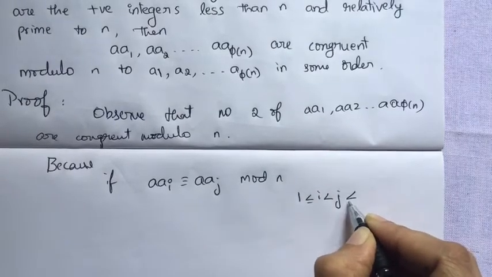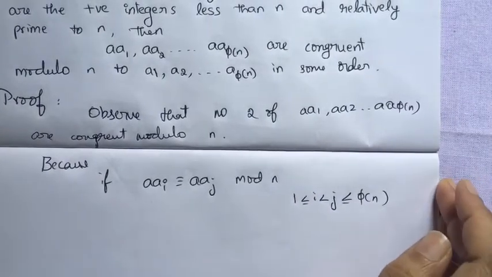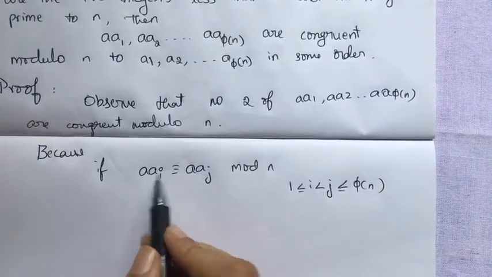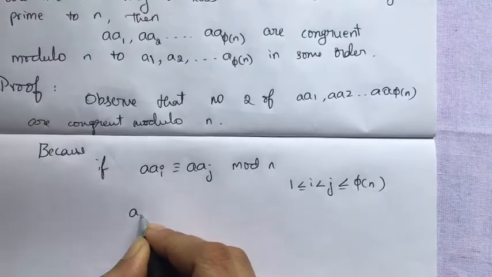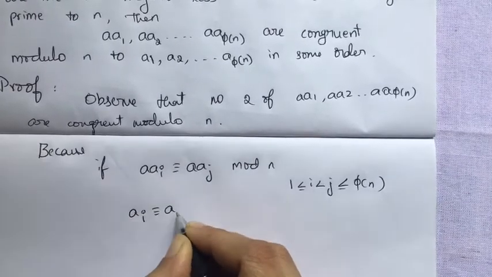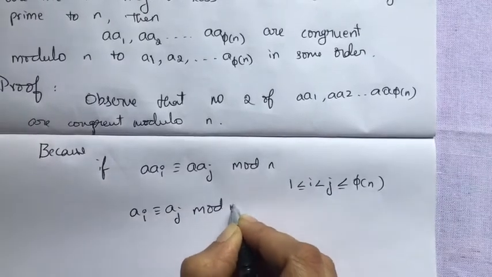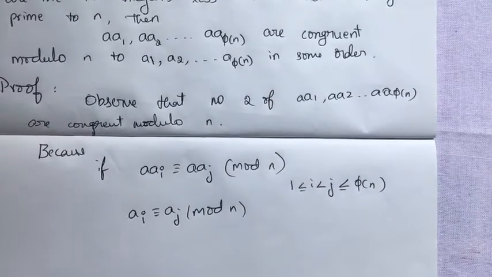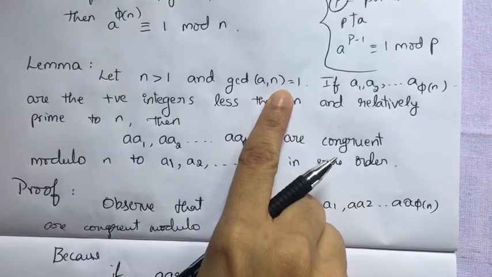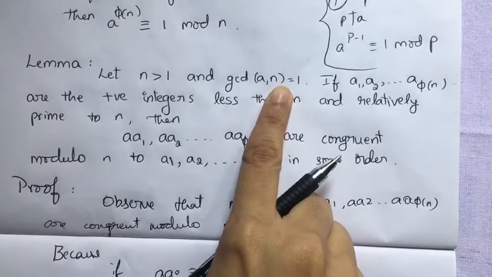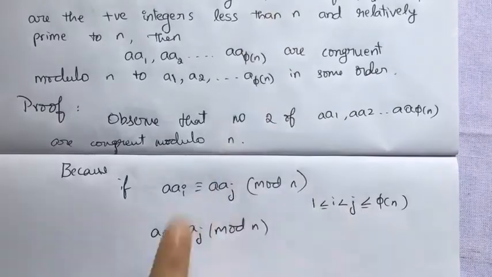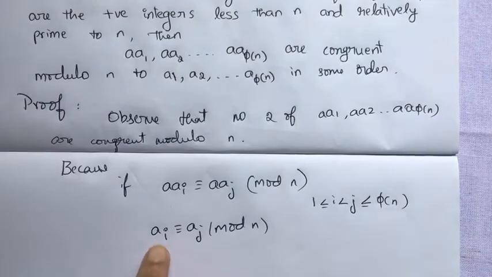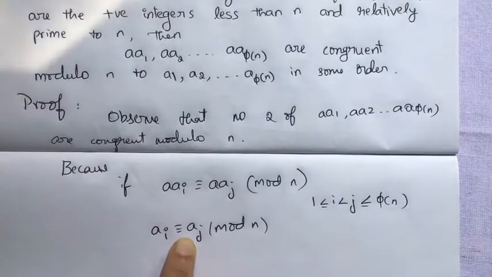Of course, j must be less than or equal to phi of n. Then just by the cancellation property, I can say ai is congruent to aj modulo n. Since it is mentioned that GCD of a and n is 1, and ai is less than n and aj is also less than n, and it is given that ai is congruent to aj mod n.